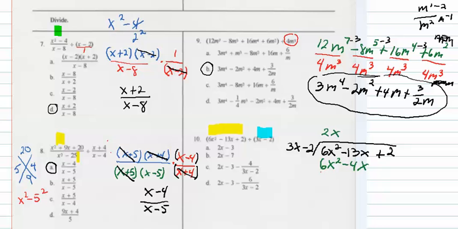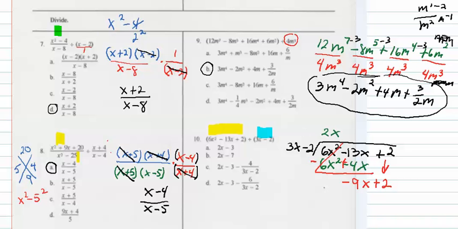Now when you draw your line, change your sign. So this is gone. We have negative 13, positive 4, so that's going to be a negative 9x. You're going to bring down the positive 2.